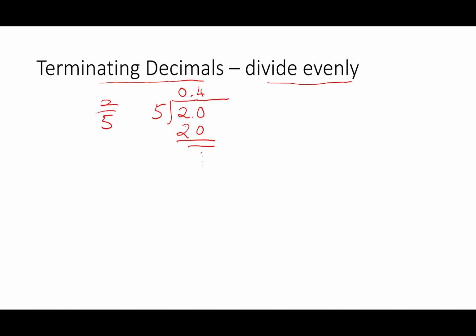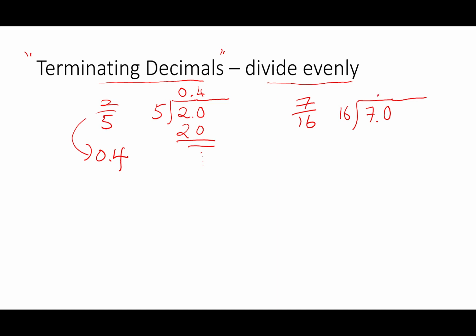Because it's divided evenly, we know that this is equivalent to 0.4, and this is what we call terminating decimals. Let's have a look at one more example. If you have 7 over 16, this is equivalent to 7 divided by 16. 7 is not enough to be divided by 16, so we add one more 0.